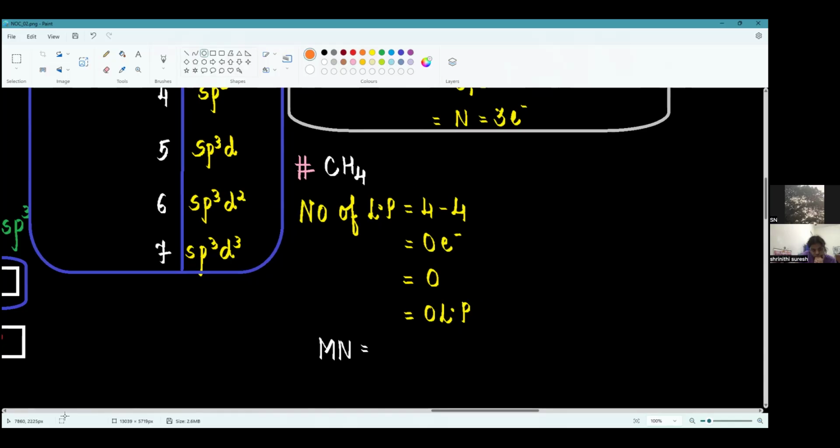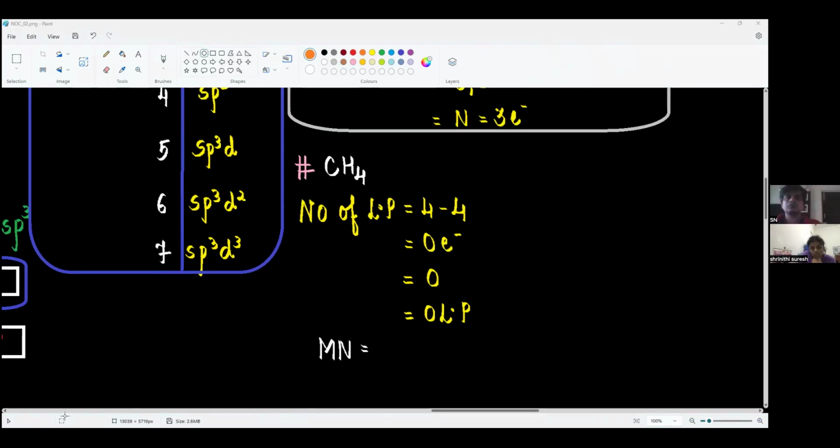So can you tell me how many side atoms are present? Hydrogen is the side atom, so there are 4 side atoms. Okay, there will be 4 sigma bonds. So I will write it down over here.